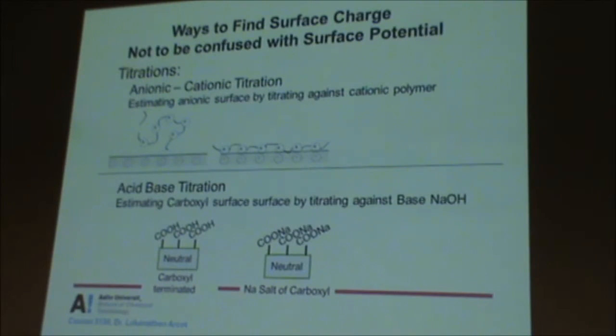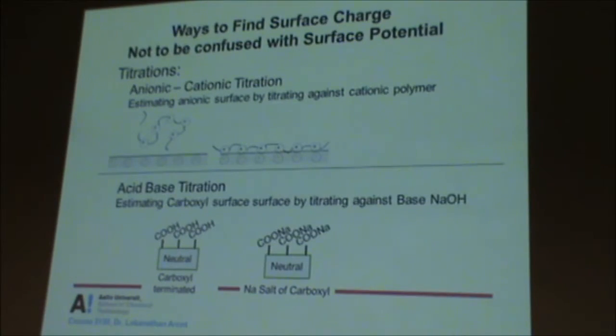But this is very commonly accepted, because the groups that are causing surface charge in plant-based material are very well known. So you can be very sure that you have caused all the groups to go through this titration reaction.